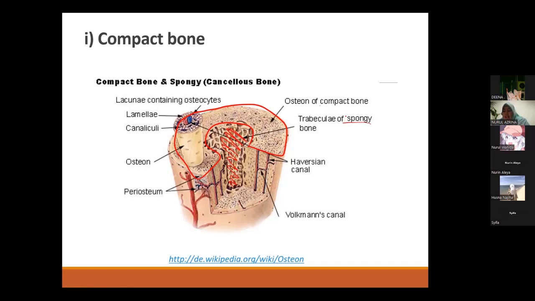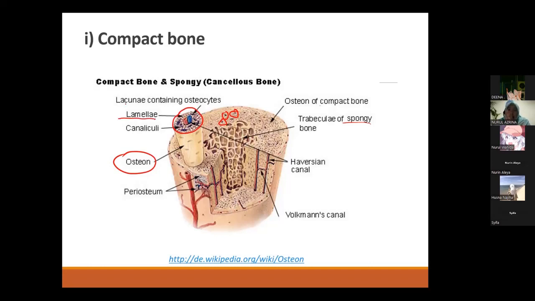What are the structures that you can find in the bone structure? What is the bone unit? The basic unit of bone we call an osteon. You can see the small round parts over here, these are all osteons. If we zoom in, this is one osteon. What can you find within one osteon? You can find lamella.